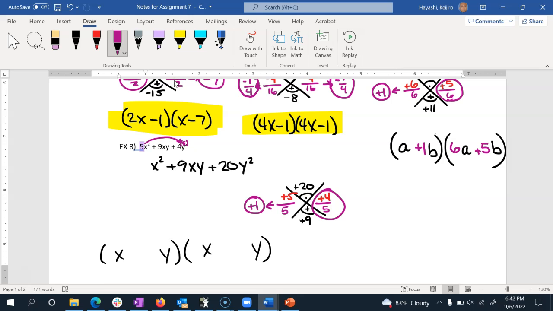So one of your factors is x plus 1y. You can also just say x plus y. Your other factor is 5x plus this 4y.